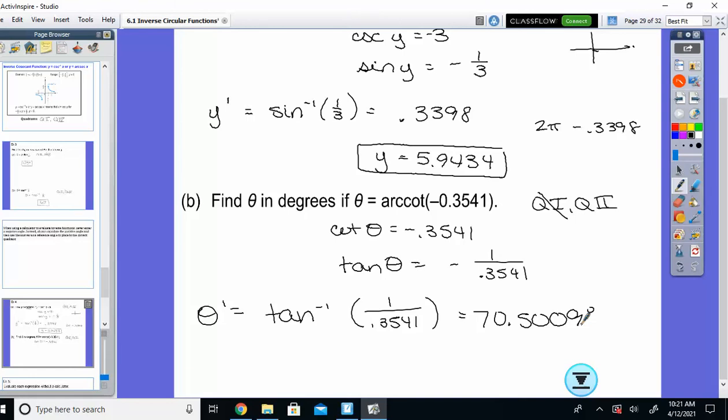Then how do we put that in the appropriate quadrant? Pi, but we're in degrees, so we'll do 180 minus that. So our final answer is 109.4991 degrees.